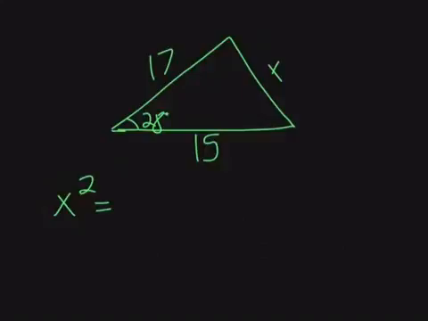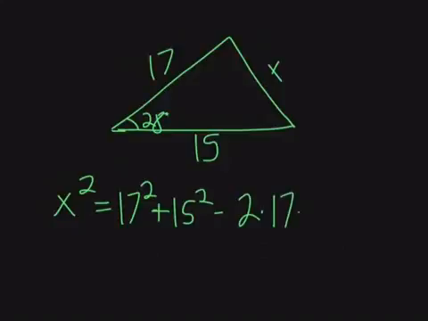So x squared is equal to 17 squared plus 15 squared. If you remember, we have to square the other two sides. Minus 2 times 17 times 15 times the cosine of 28.